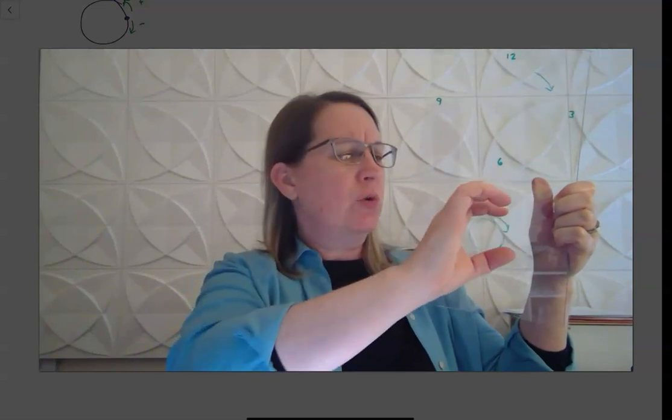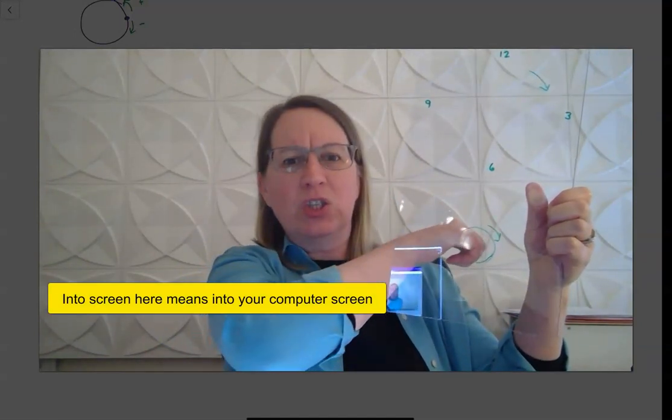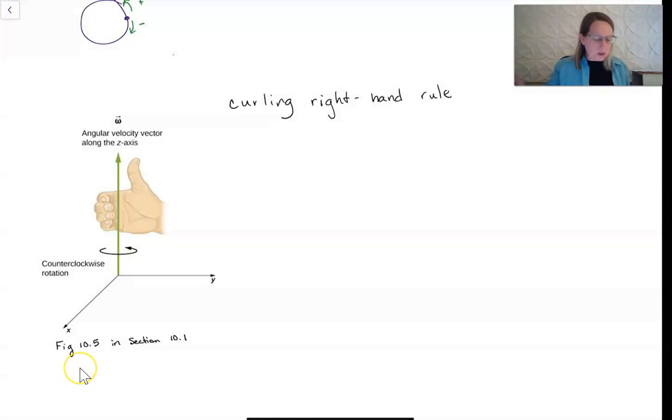away from the screen. But that's going to be true whether I'm in front of it. So in front of it, my right hand needs to curl in the direction, and my thumb points then into the screen. Same thing, my thumb still points into the screen. In both cases, I get the same answer. So here, this curling right hand rule, if we think about something going clockwise, here's 12, 3, 6, clockwise from our point of view.